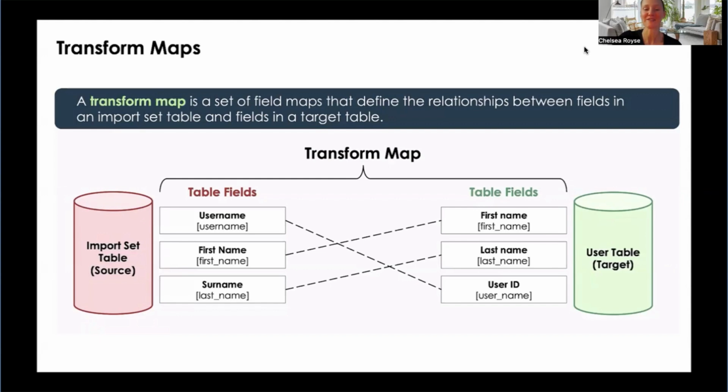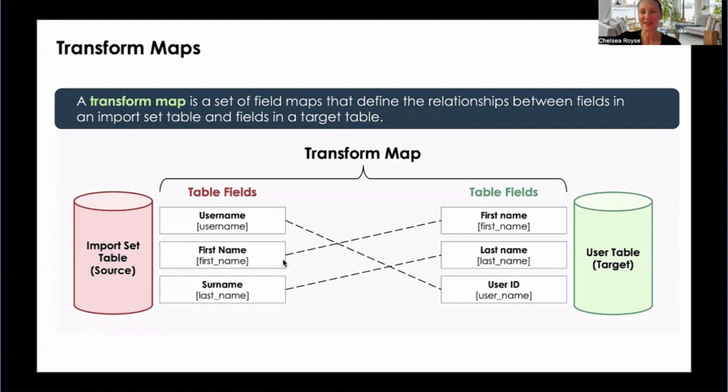Inside of ServiceNow, you may have table fields, for example a username, and you want to go ahead and create a user ID with it. So you upload all the usernames and you use what's called a transform map to find, okay, this username would go with this user ID, first name, last name, things like that.